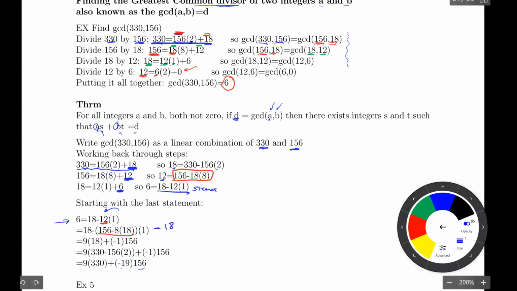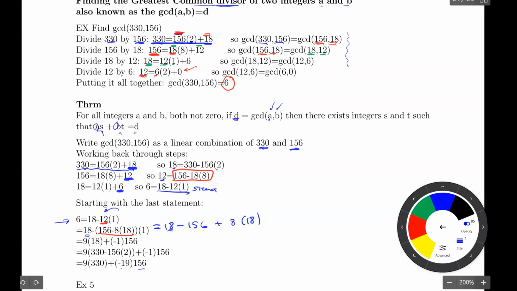I have 18, and then minus 156. Oops, I meant equals. Equals 18, and then negative 156, and then positive 8 times 18.